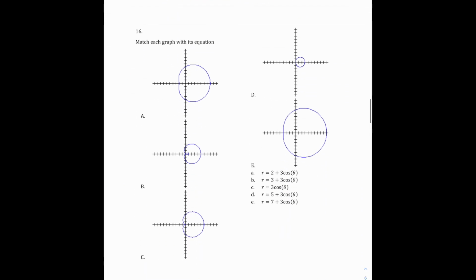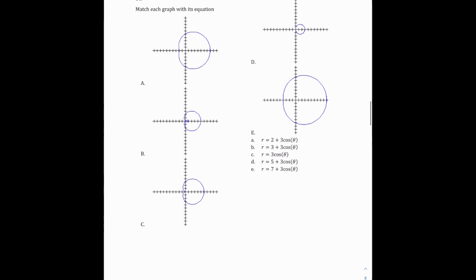Question number 16, we need to match the graphs with the equations. The first equation I spot here is the equation of a circle. It's of the form r equals a cosine theta. I know this circle is going to be on the x-axis.